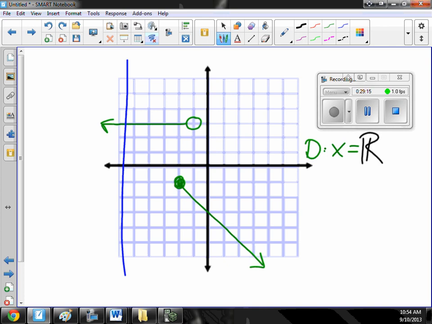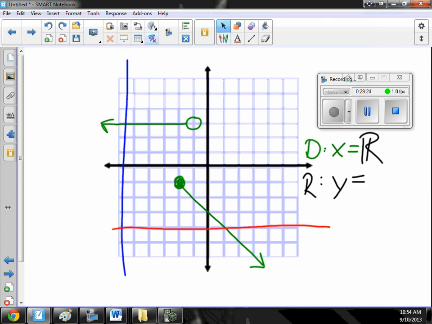Okay? For my range, the y values, now I draw a horizontal line. Are there any y values that it misses? Yes, a lot. So let's deal with this piece. What is the smallest number that this reaches?